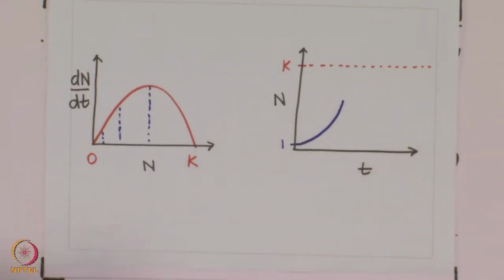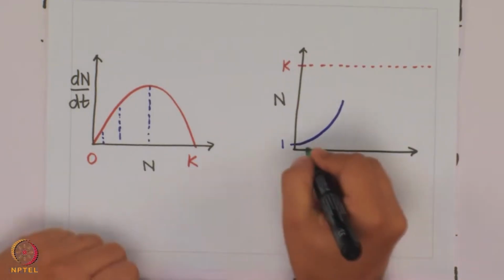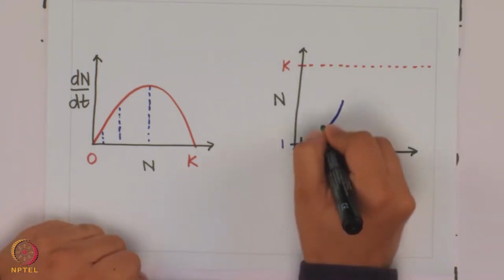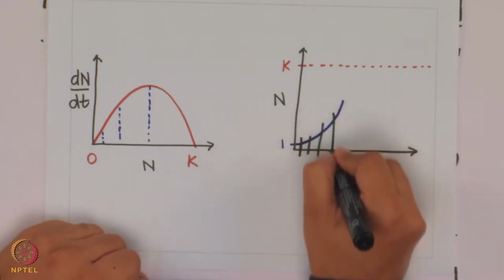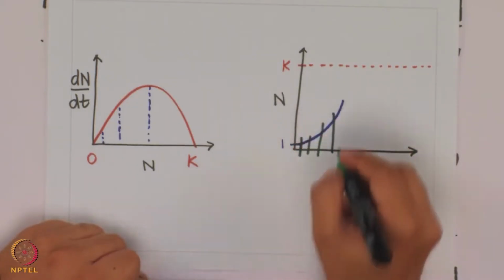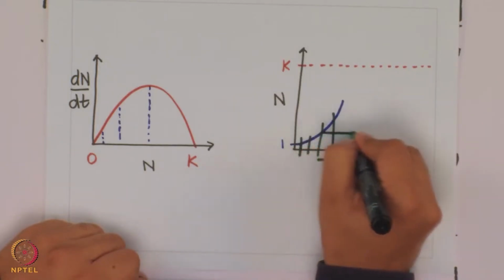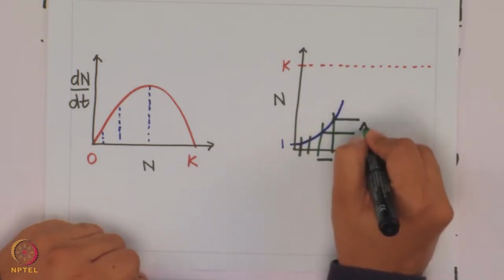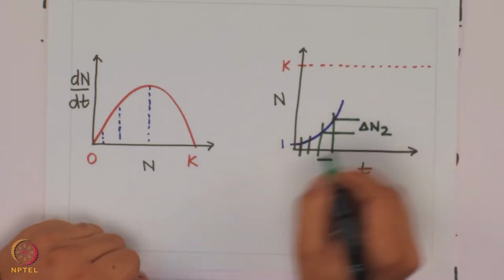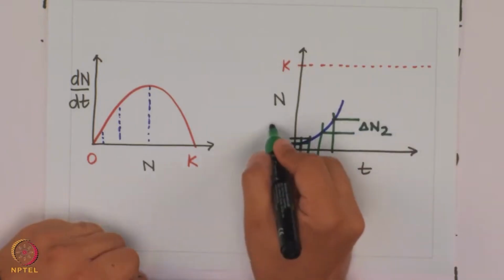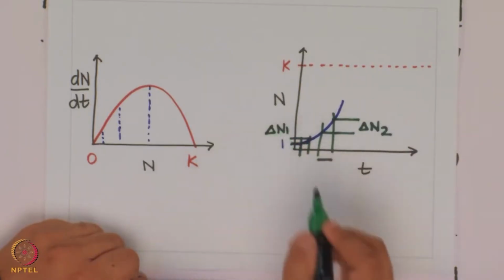And that can be seen in this graph if you simply look at constant intervals of time and analyze how many bacteria you have added. So in this interval, you have added this many, delta n2, while in this interval you have only added a very small number of individuals, delta n1.